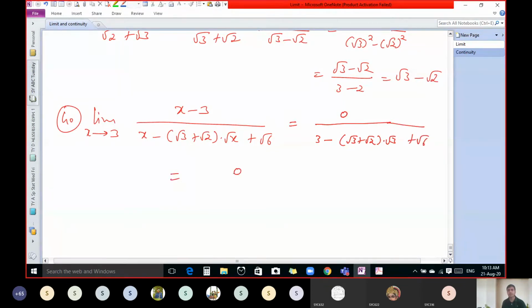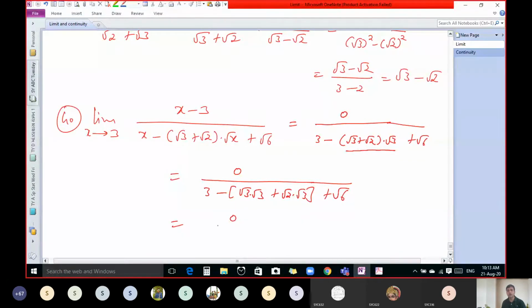Now numerator has 3 minus 3, that means 0. Keep this 3 as it is. Now open the bracket, only this part. Put in a bracket. So if we multiply root 3 with this 2, so we get here root 3 into root 3 plus root 2 into root 3 plus this root 6 as it is.